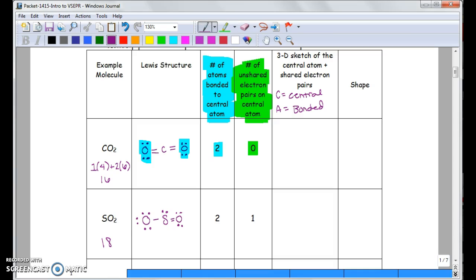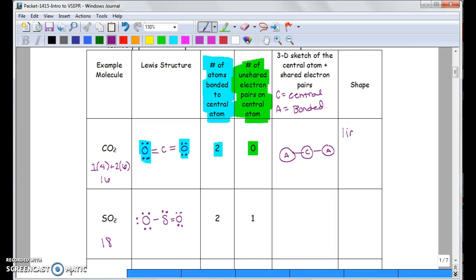So we're going to put an atom in the center that represents the central atom, carbon in this case, and we're going to draw bonded atoms that are labeled A to represent those atoms that are bonded. We're just drawing a general structure to help us generally see what the shape of any atom with this Lewis structure would be.